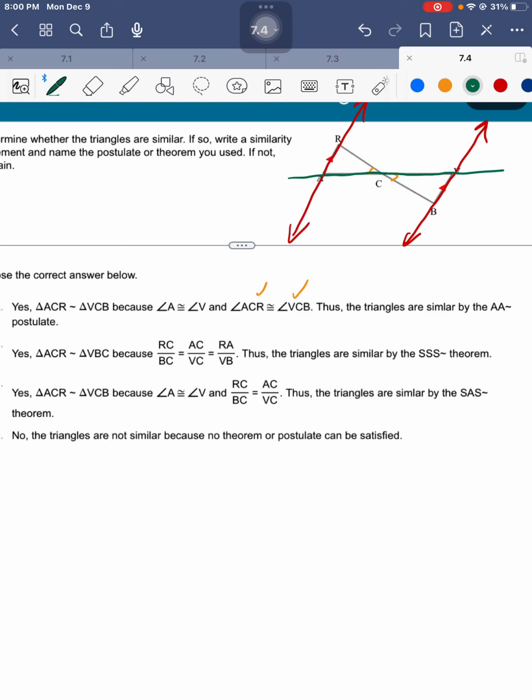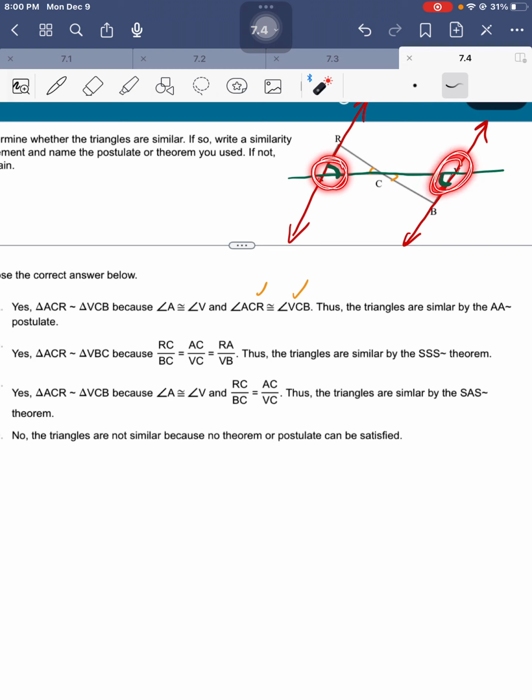If I say this is my transversal, I can say that RAC is congruent to BVC. How do I know that? Because aren't these just alternate interior angles?